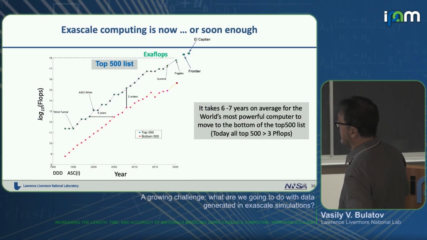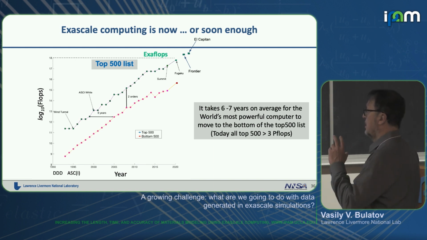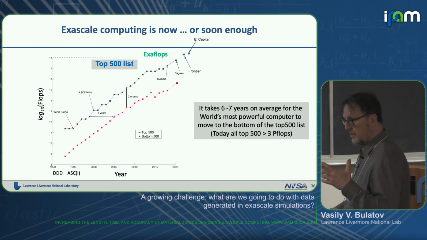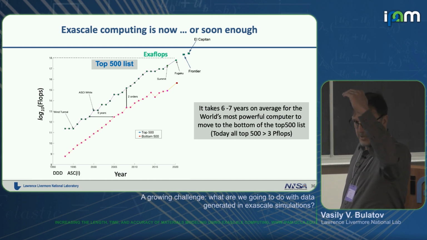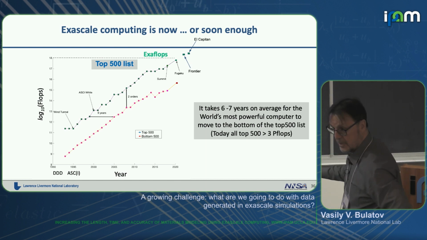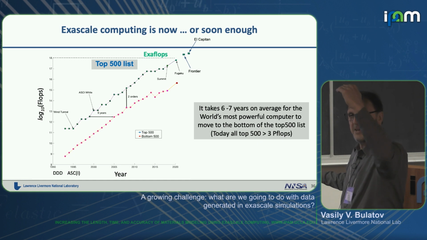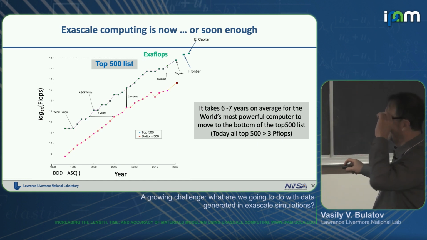What's interesting also is that what's shown here in red dots is the theoretical speed peak of the lowest of the top 500 machines in the world, right? So that's not the slowest computer in the world. It's the slowest among the 500 fastest, okay.